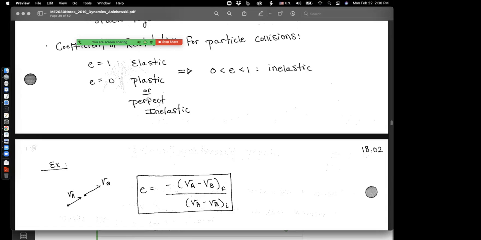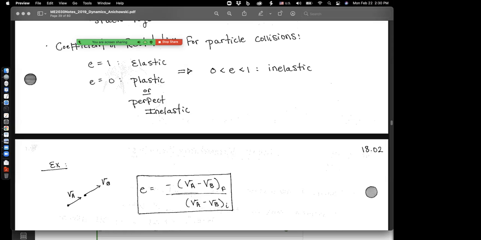It turns out you can say this in a more intuitive way. The denominator is basically the approach velocity, the velocity with which the two objects are approaching, assuming VA minus VB is positive.